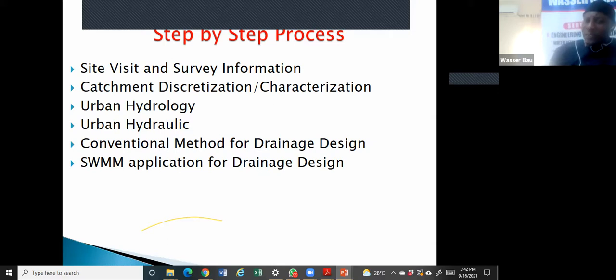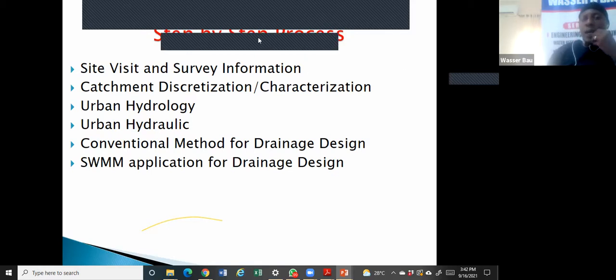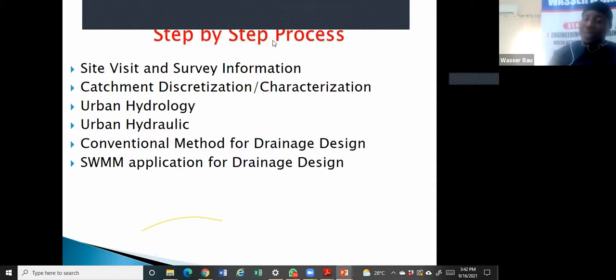Number one is to visit the site. You gather your survey information, which is very important. Your spot heights, your levels and everything. Then you do what we call catchment discretization. I will explain. You need to know how many catchments, the size of the catchment, the slope of the catchment, the population equivalent of the catchment, or the population density, whichever one you want to use.